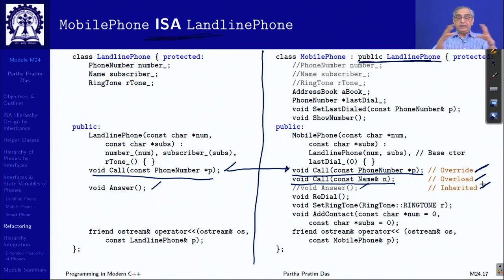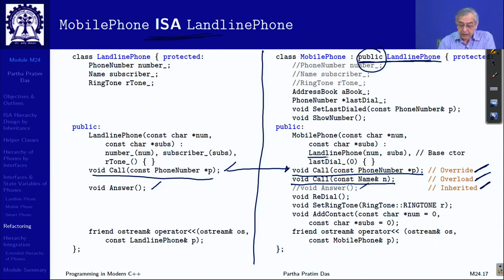So, by this refactoring I am combining these two through the insertion of the is-a constraint, the inheritance constraint, and refactoring by making one an overriding member function, one an overloaded member function, and one a purely inherited member function.